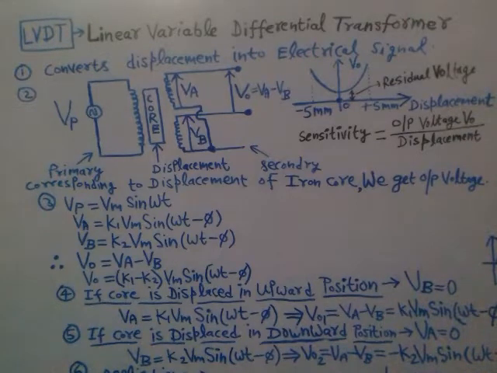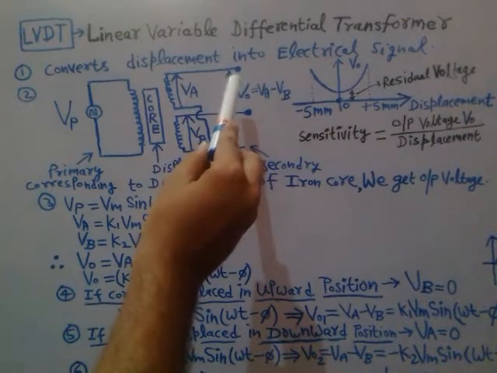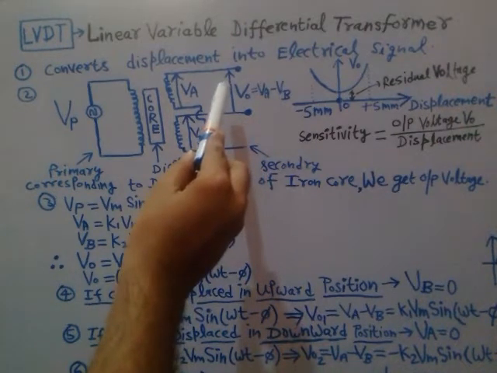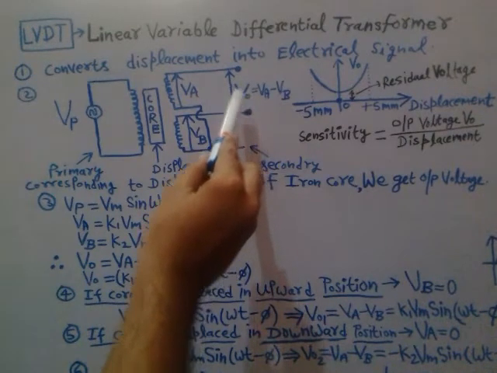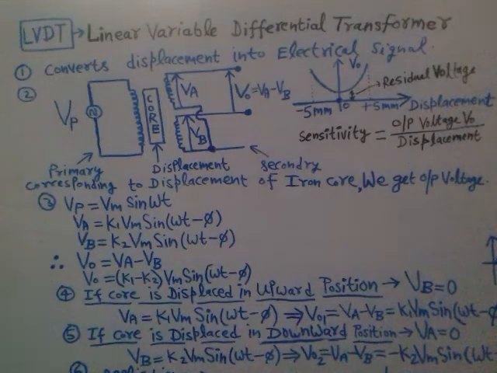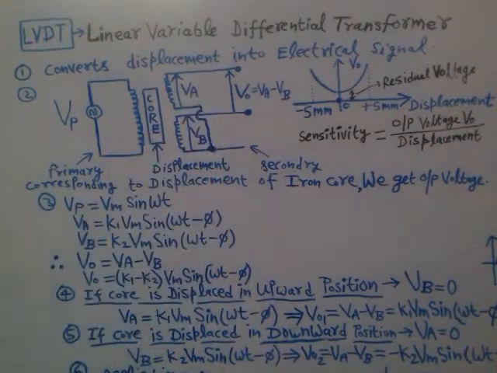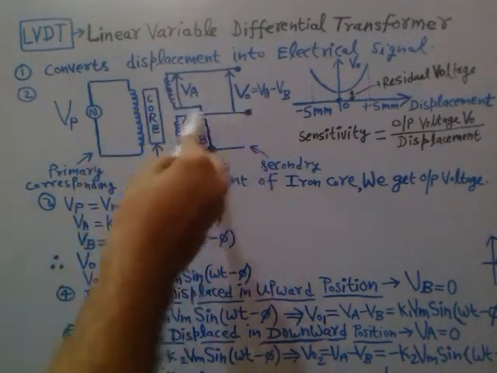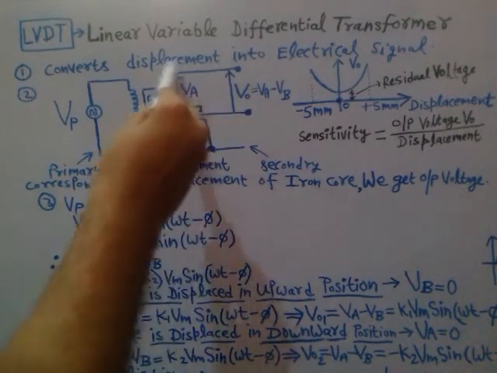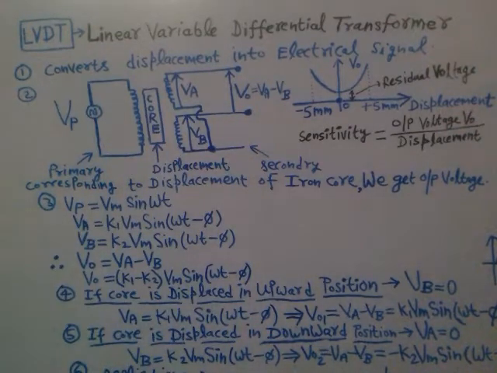To measure the differential input displacement, we need a differential output voltage, and for that we need two secondary windings, right? This is one secondary winding and this is another; you can call them the upper secondary winding and the lower secondary winding.